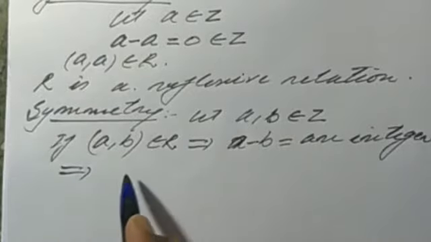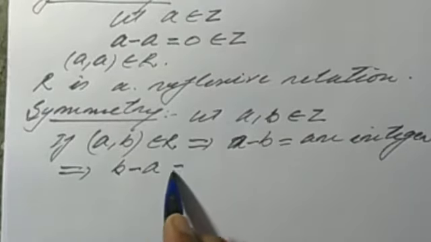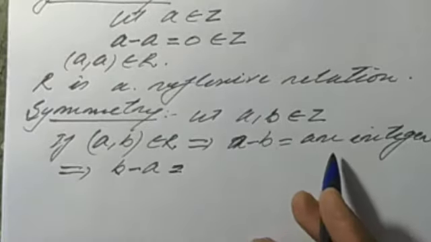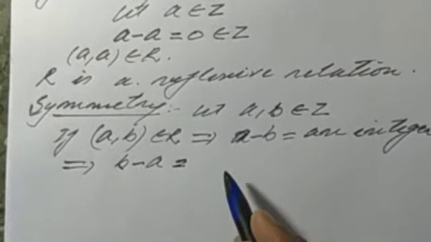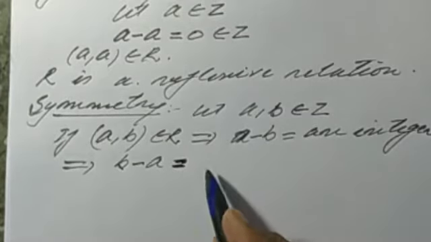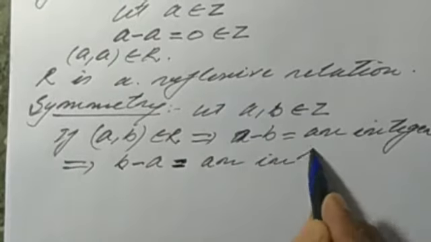So it implies that b minus a must also be an integer, because if a minus b is a positive integer, b minus a must be its additive inverse. That means having the same absolute value but opposite sign. So b minus a is also an integer.